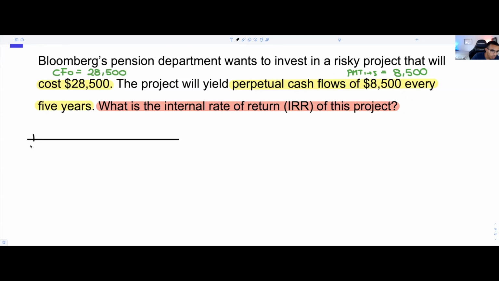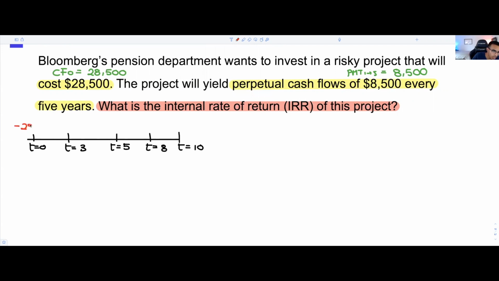So we have here t is equal to 0. I'm going to have t is equal to 3. T is equal to 5. T is equal to 8. Then t is equal to 10. It's not a formal timeline. It's just to showcase what we're dealing with once again.